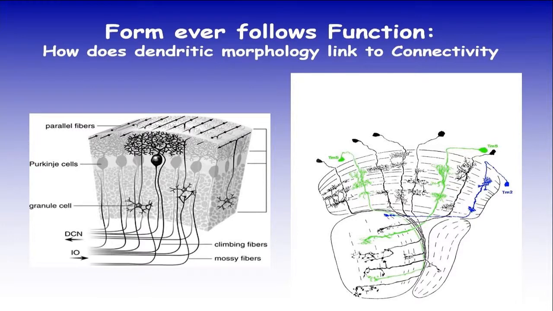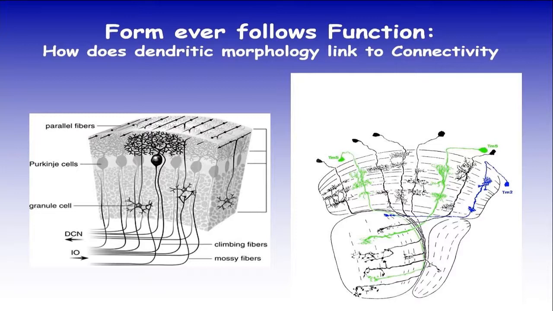I believe it was Louis Sullivan, the famous American architect, who first coined the phrase, form ever follows function. What it really means, as Americans would say, is that it's pretty is what pretty does. In neuroscience, probably one of the most famous structures is the Purkinje cell, which has a really beautiful fan-shaped structure.